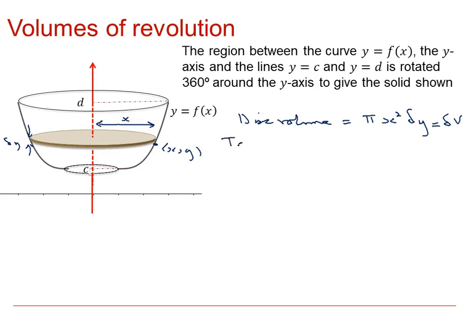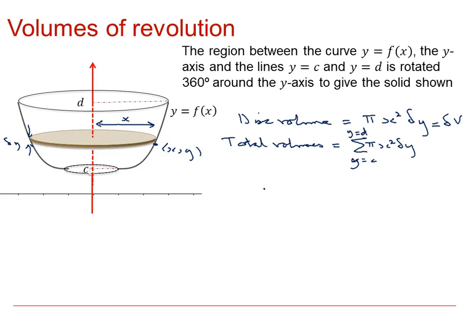So if we look at the total of all the disks, the total would be the sum of these disks starting at y equals c and finishing at y equals d.